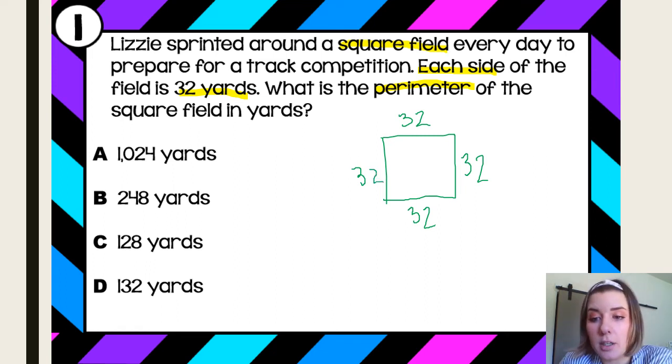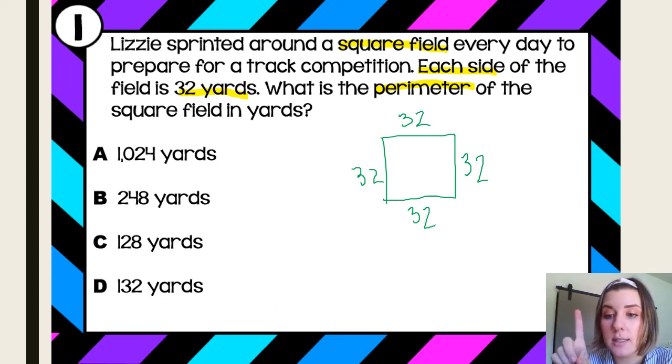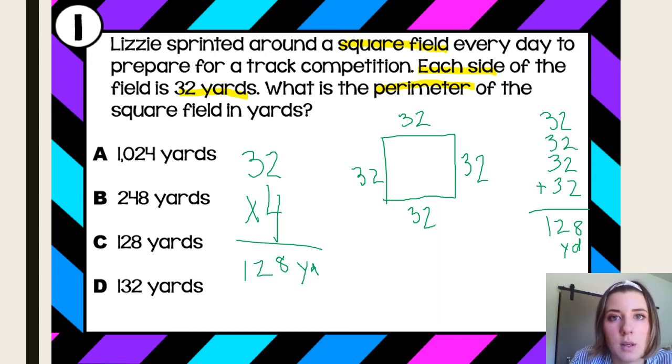I know perimeter is equal to length plus width plus length plus width. Add up all the sides. If it's a square, I can add them all, or I can do one side, length 32 times 4. Let's go ahead and solve that. All right, whether you multiplied times 4 or added up all of them, you should either way get 128 yards, and so our answer is going to be C.